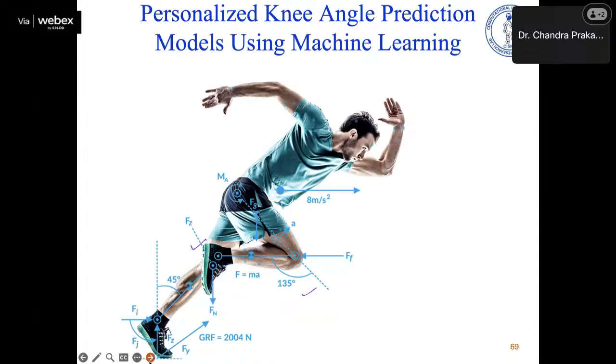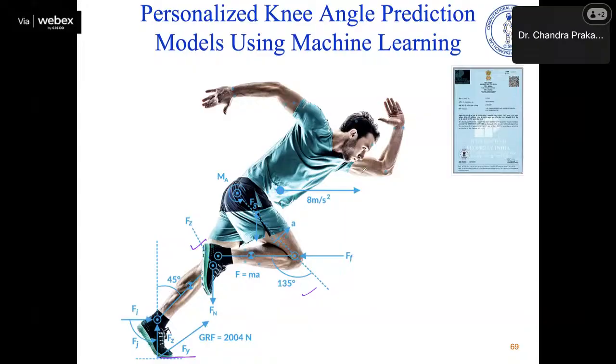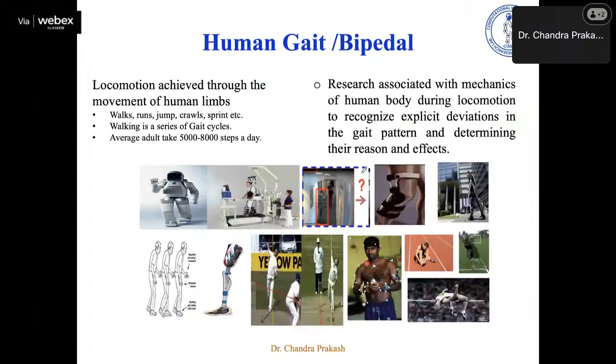If we identify the pressure over here, we call it a kinetic pattern. In this particular study, based on the previous input, we tried to identify using SVM the next gait cycle. We also came up with one patent on this.